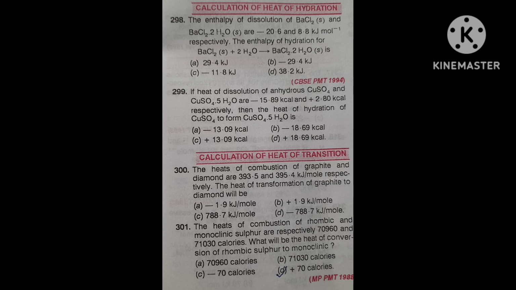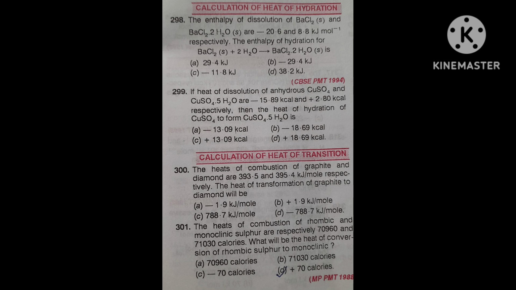Correct? Because again the first reaction you have to split in two steps. The first step value is minus 15.89, that is delta H1, and the other step value is plus 2.80, that is delta H2. Then delta H1 plus delta H2 is equal to minus 15.89.